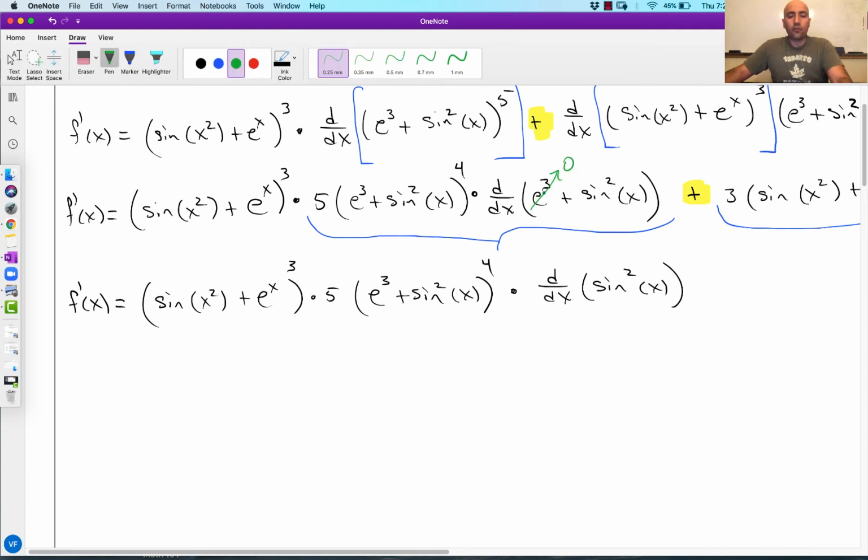The derivative of e to the third power with respect to x is 0. That's just some number, some constant. So it's really just the derivative of this that I care about: the derivative with respect to x of sine squared x. Okay, copy it, keep going.